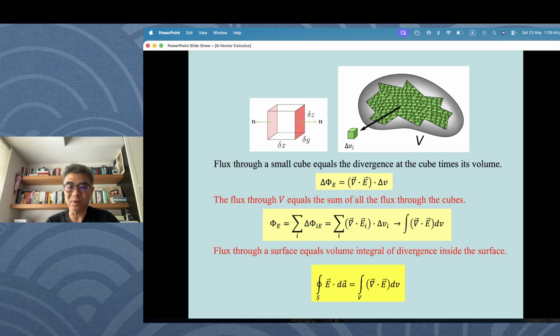It could be any field, but we call it E. So this mathematical theorem is that the electric flux, the surface integral of E across a Gaussian surface, equals the integral of the divergence of E over the volume inside the Gaussian surface.